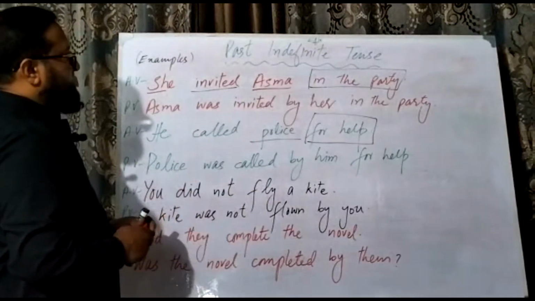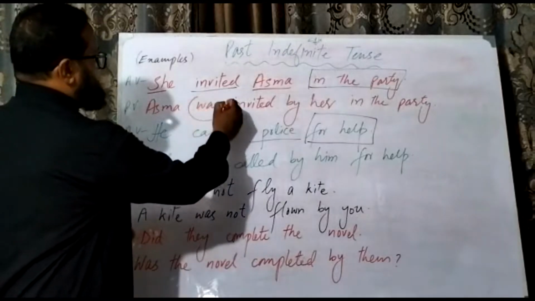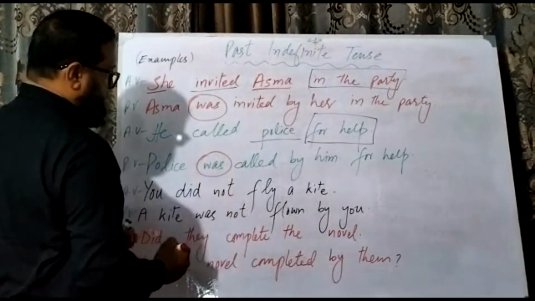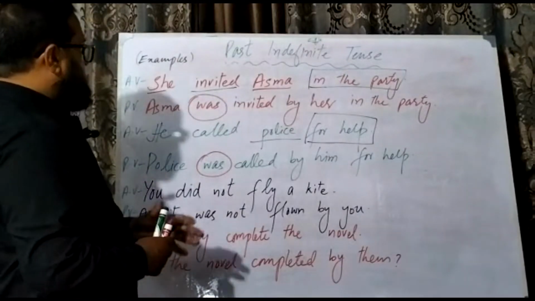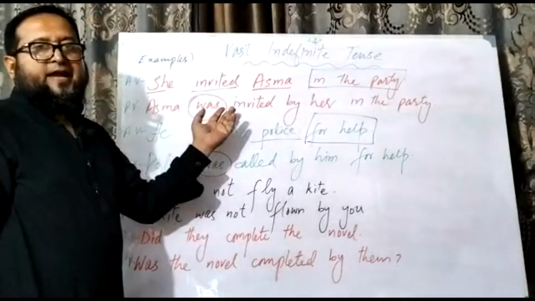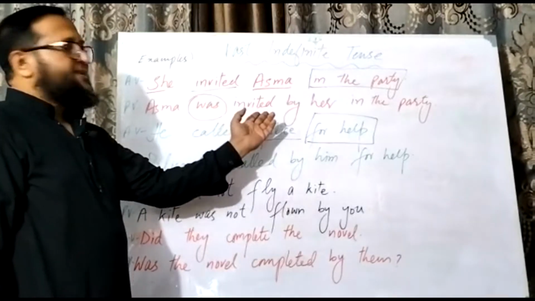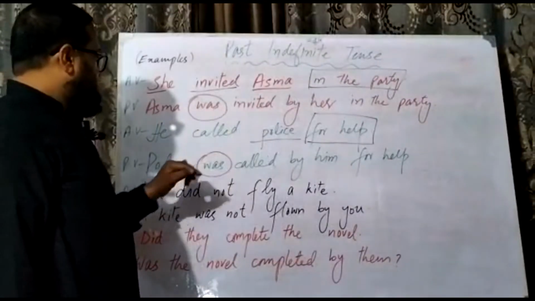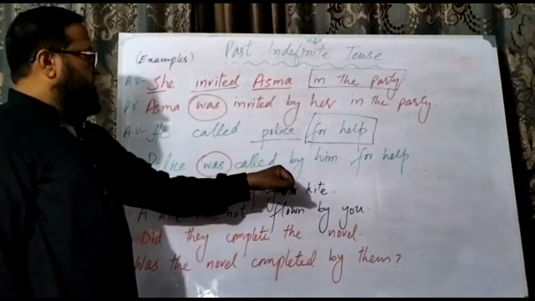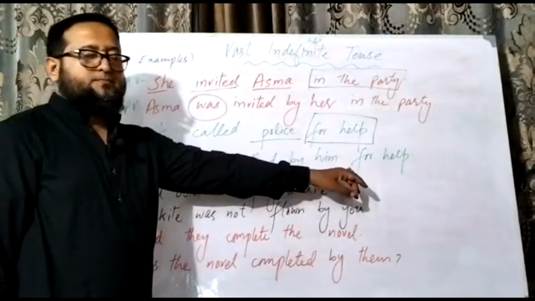When you convert it, you must know that we are adding was or were. Was or were will be added in the passive voice, and the past participle will remain. Police was called by him for help.